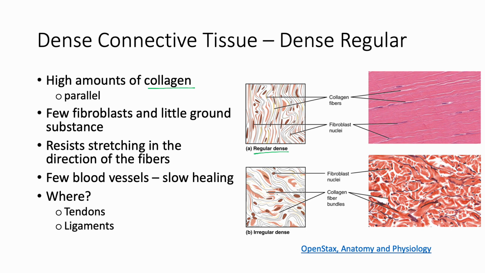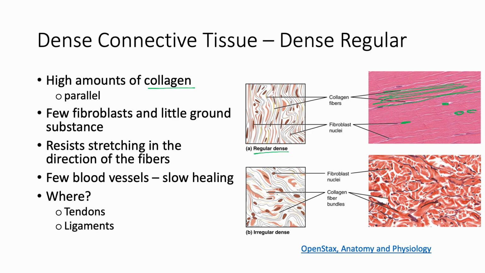We see these collagen fibers packed very closely together, running parallel. We can also see these darker purple areas. These are the fibroblast cells that are producing these collagen fibers. But we see that we have few fibroblasts and many of these parallel collagen fibers, and not a lot of ground substance between the fibers.